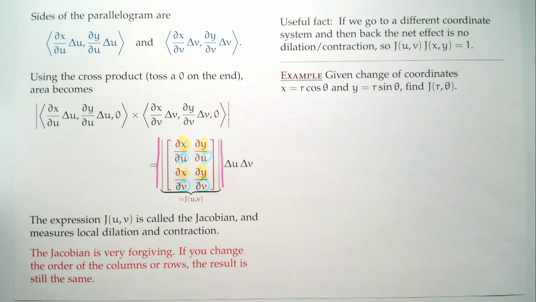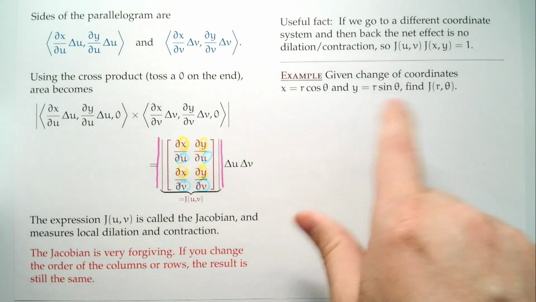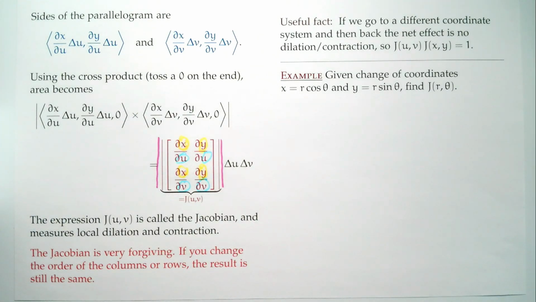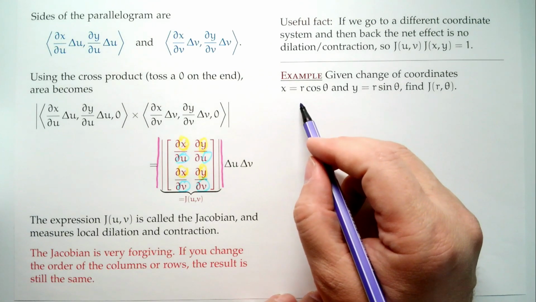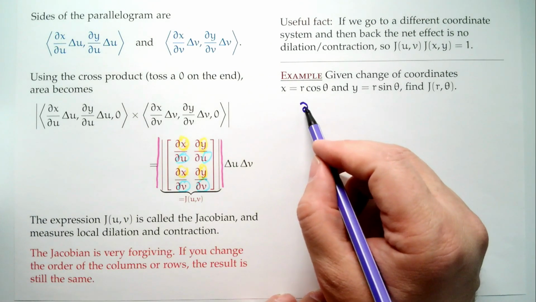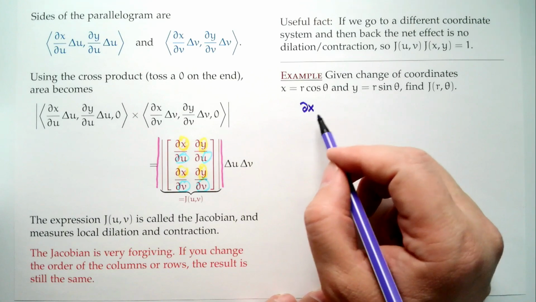Well, we should do something. Let's do an example. So given a change of coordinates, and here's our change of coordinates, x is r cosine theta, and y is r sine theta, find the Jacobian of r and theta. Well, let's see what that would be. So, what do we want? We want to take the derivatives of our old variables, which are x and y.